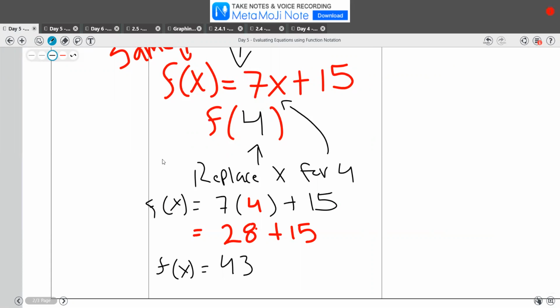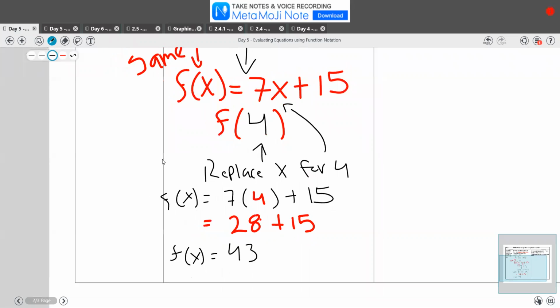Okay. And then that would be your answer. So when x equals 4, y is going to be 43.